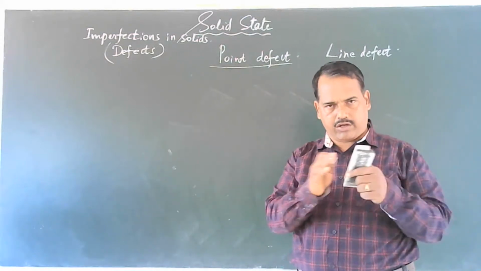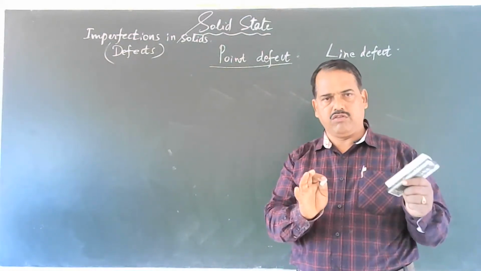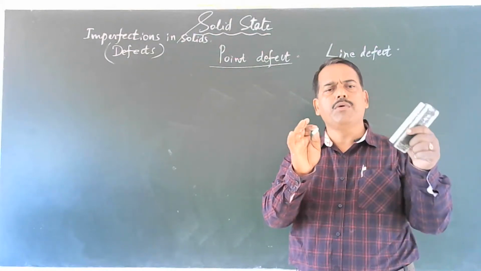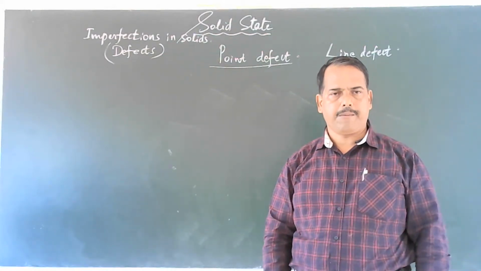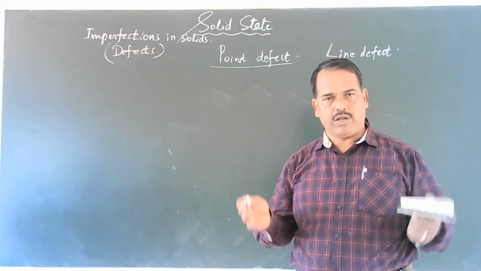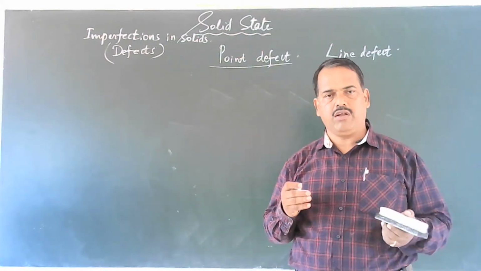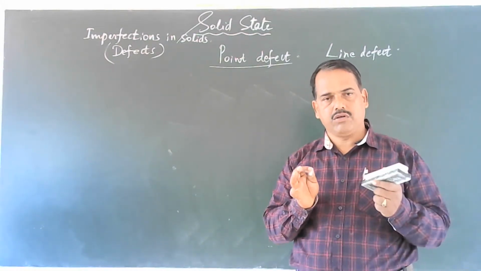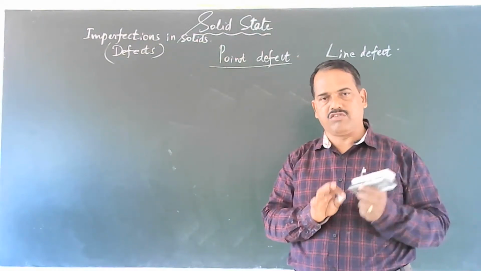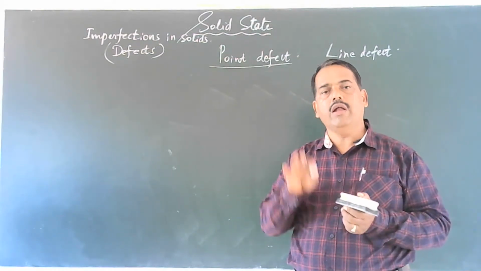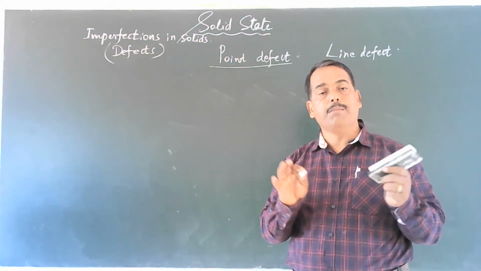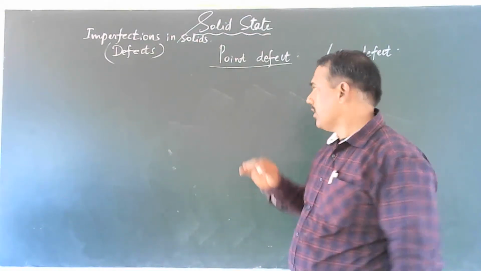The particles are arranged regularly in a solid. During the crystallization, certain impurities enter. Solids are formed when atoms from the gaseous state attract and then form a solid. At that time, during the recrystallization, it has certain impurities. That particular phenomenon is called imperfections in solids.